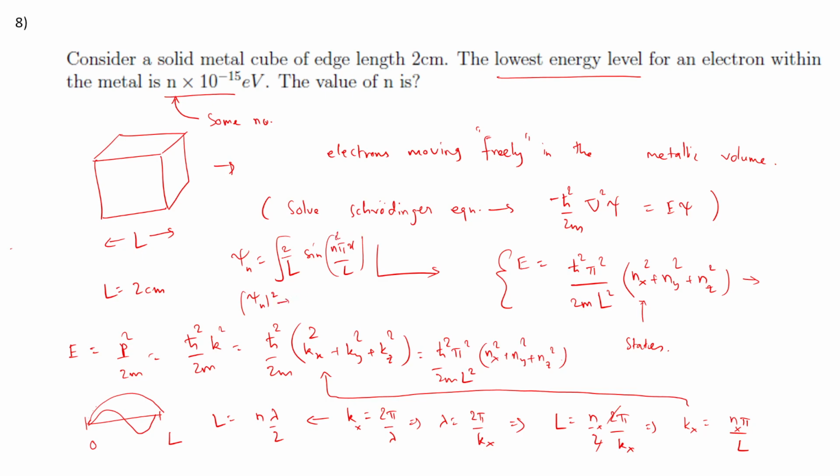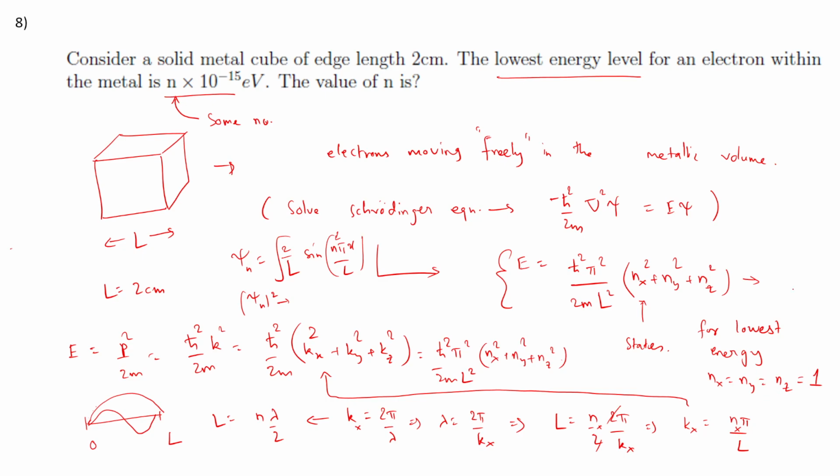If you put n equal to 0, psi mod square becomes 0, and that means there is no electron. So the least value nx, ny and nz can have is 1. So for lowest energy, nx equal to ny equal to nz is equal to 1.